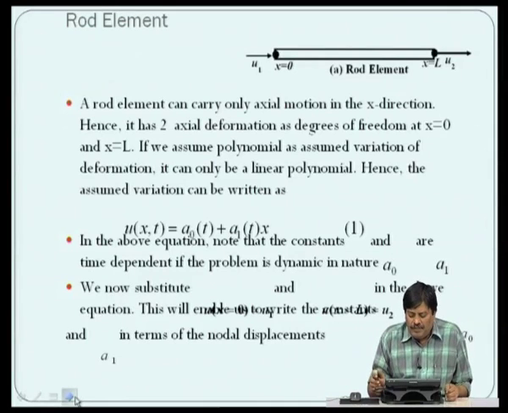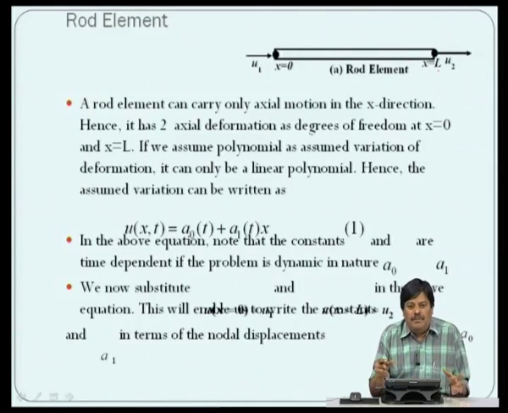For example, if it is a rod problem, the element has 2 degrees of freedom, at x equal to 0 and x equal to L. If we want to approximate the variation within the element, we need to use a polynomial with 2 unknown constants.